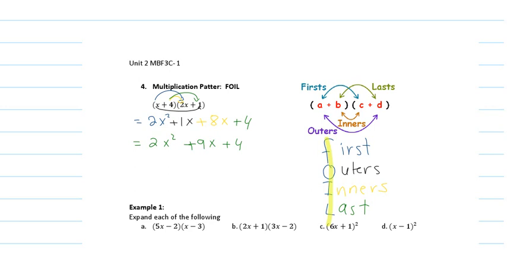You're going to hear me say the word FOIL, and then you're going to see me doing FOIL on the board. This is the method that I will be using. Are we okay with this?